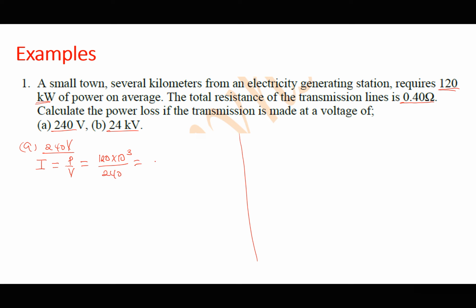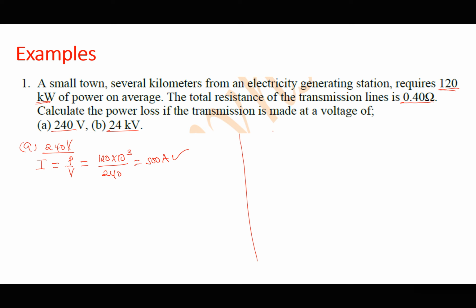This gives us 500 amperes. So if we transmit 120 kilowatts at 240 volts, this is the current which flows in the wires.